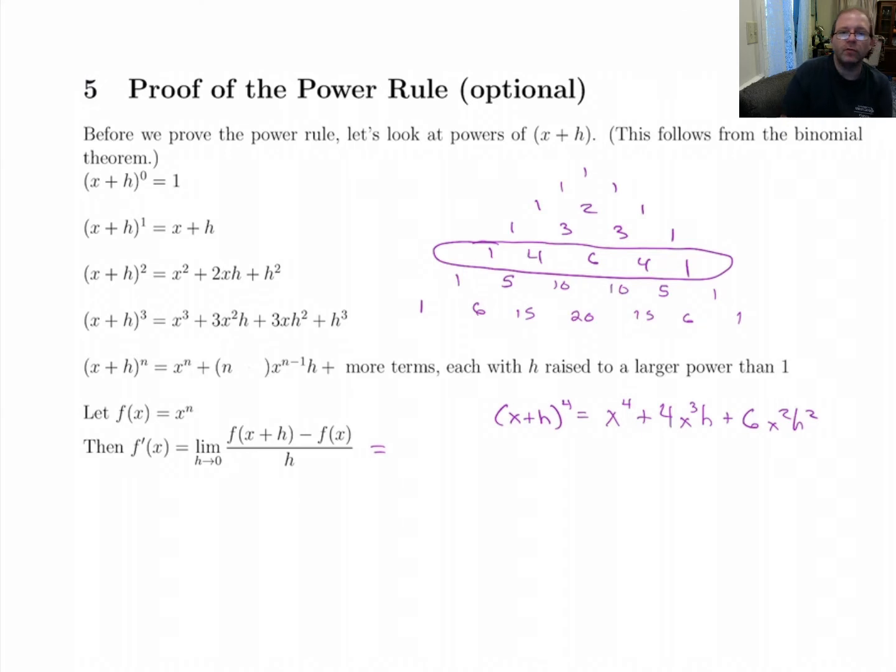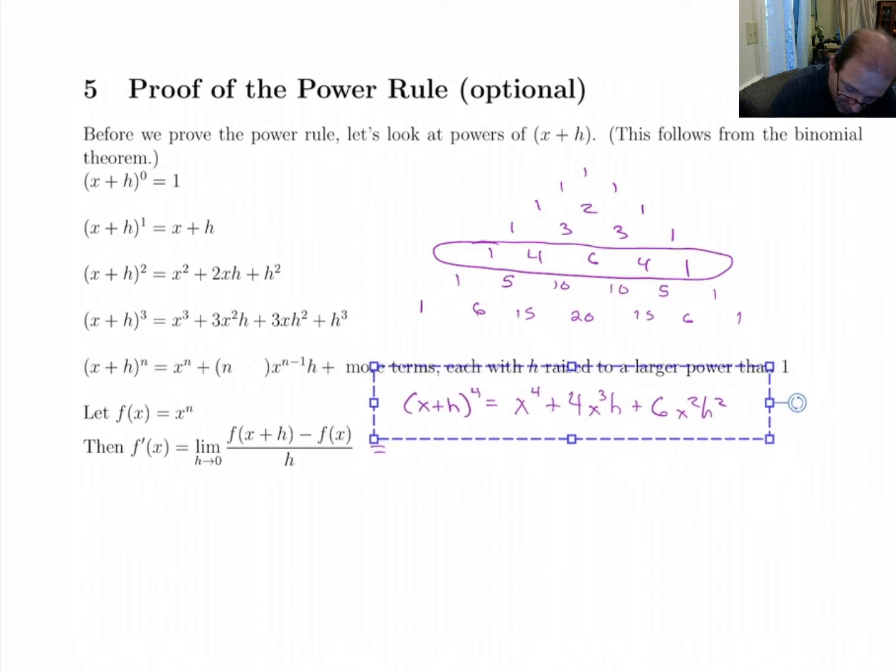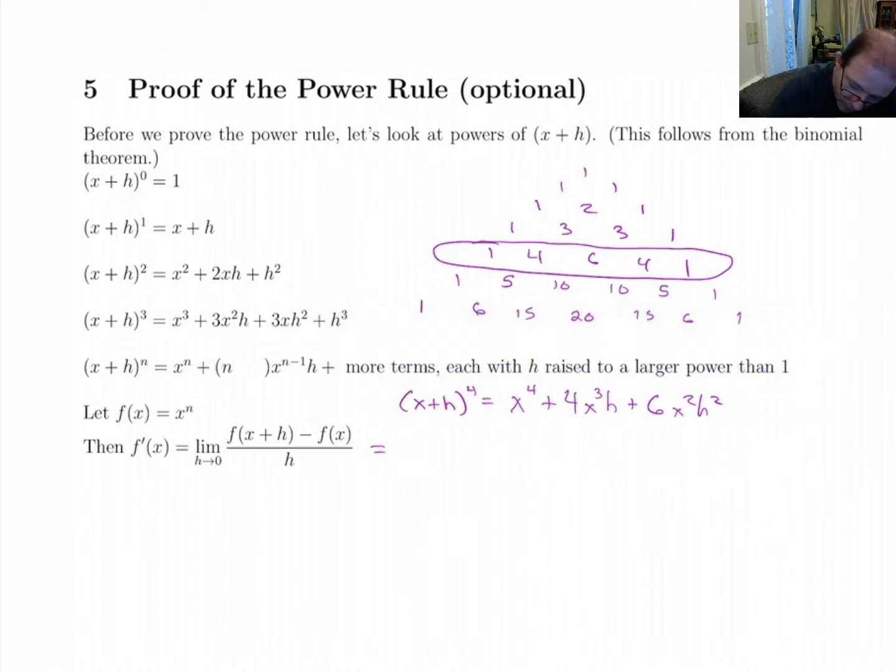Notice each time I go from one term to the next, I'm taking one of the powers off of x and putting it onto h. So let's move this over so I've got enough space. So 6, next up is 4xh cubed, then plus 1h to the 4th. So you can do that.